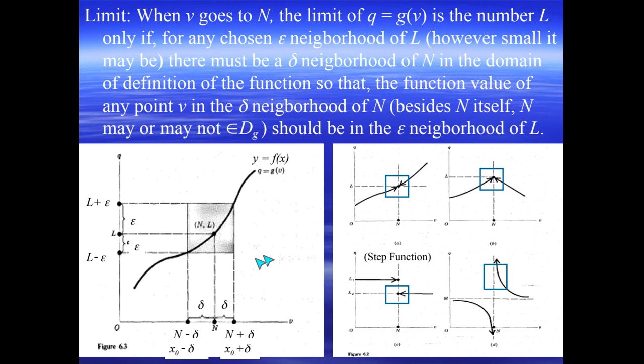Then the horizontal side of this quadratic zoom, this quadratic frame, is N minus delta, N plus delta.